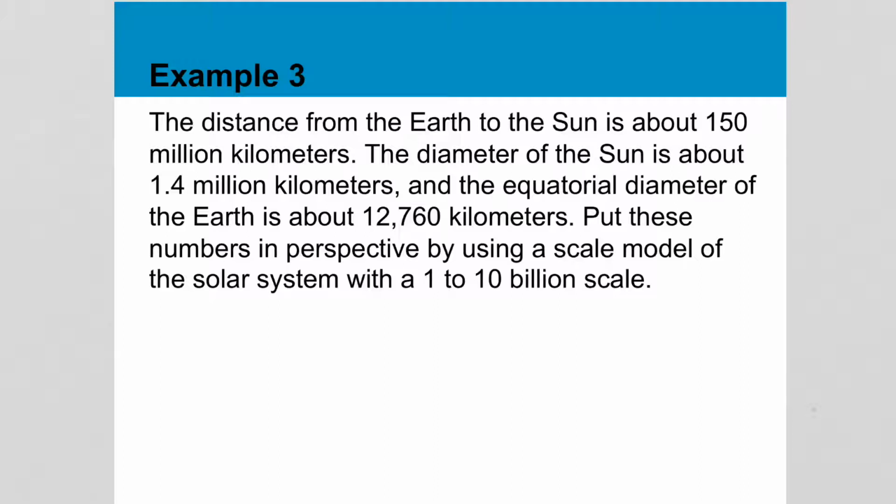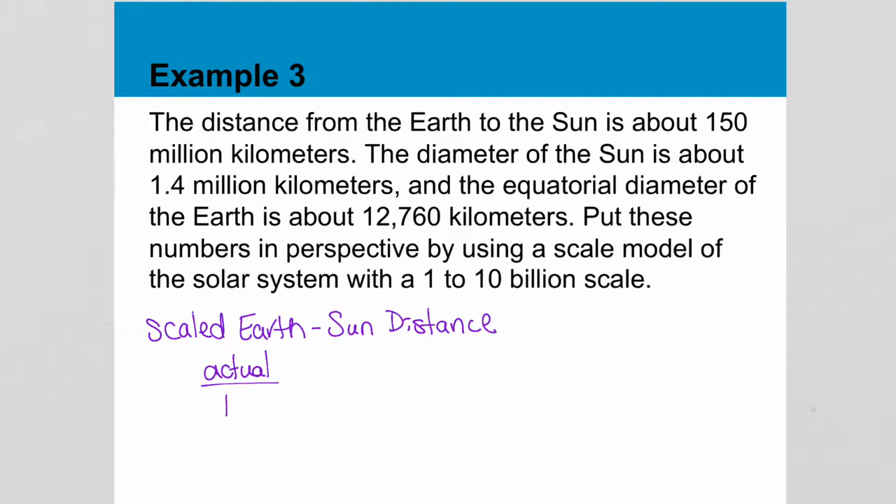So the first thing we want to find is the scaled Earth to Sun distance. That will be the actual distance divided by our scale, which is 10 billion. So 10 to the 10th would be 10 billion. And it says the distance is 150 million kilometers.